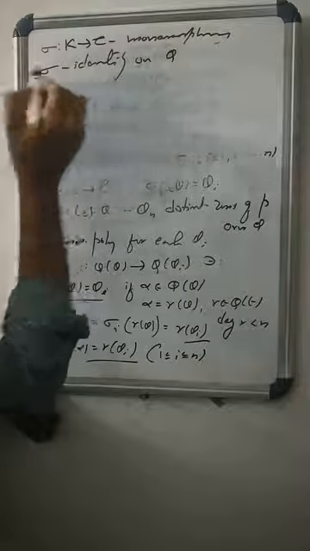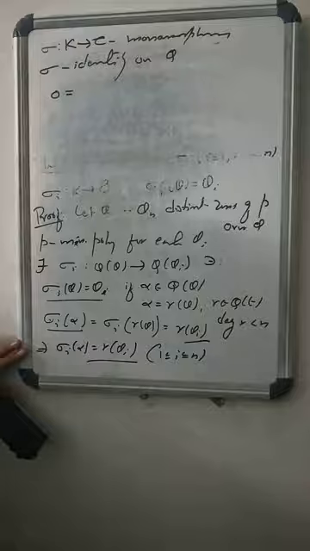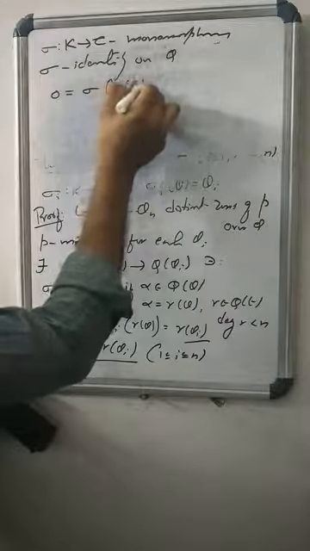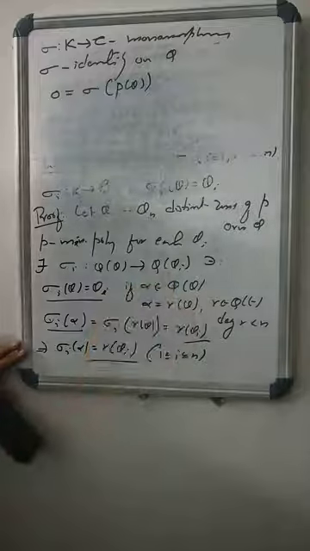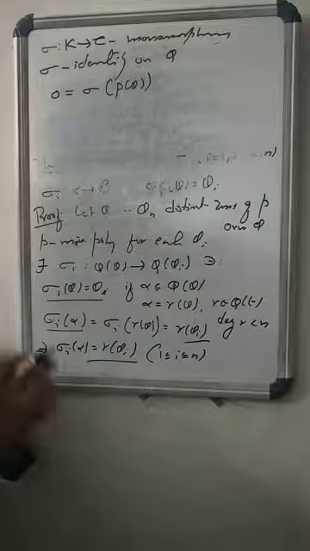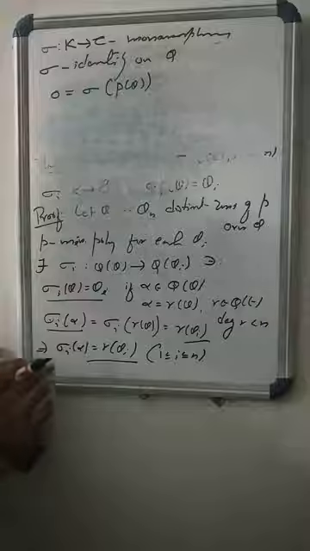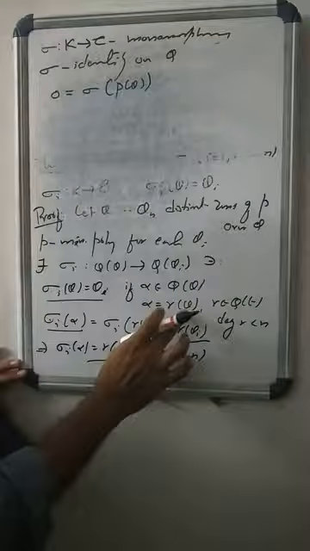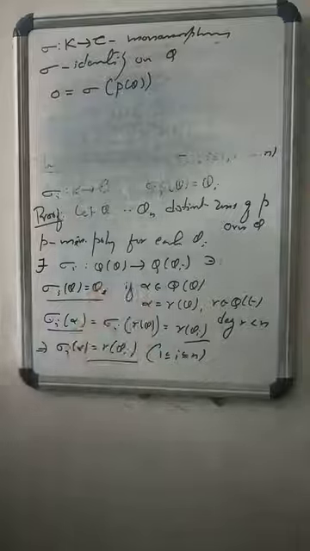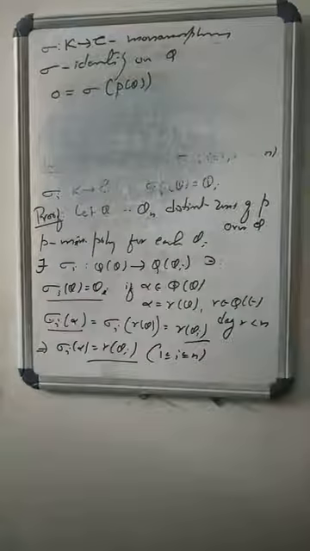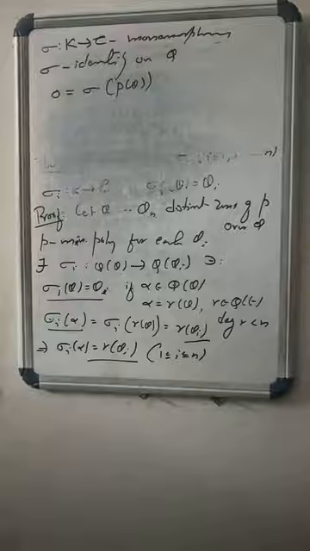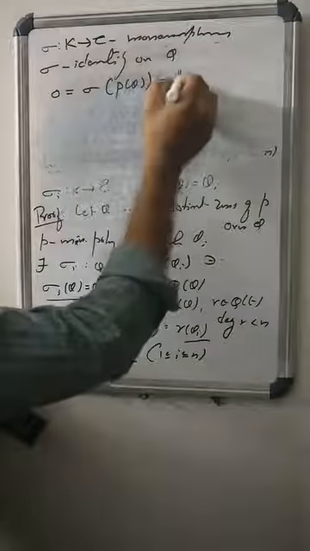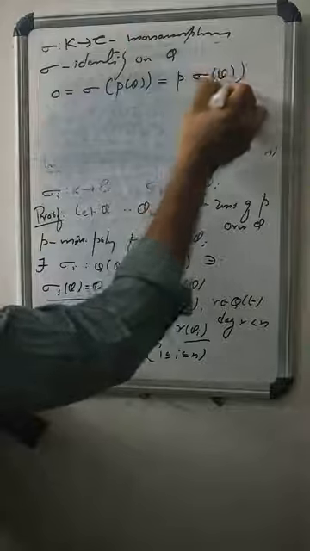Now we have 0 equals sigma of p(theta), because that's a polynomial. Sigma of p(theta) equals p of sigma theta.